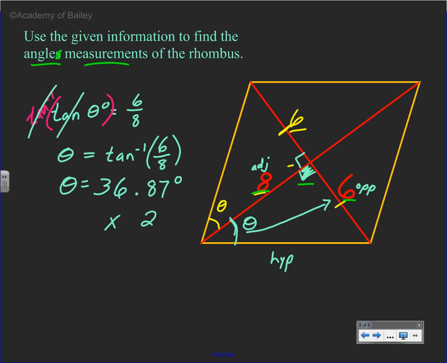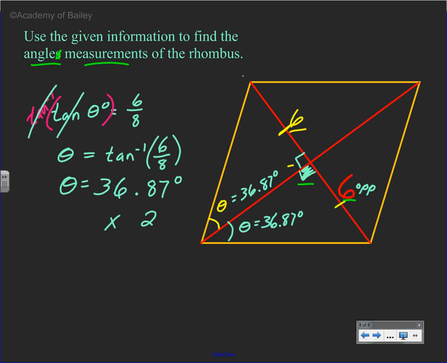Let me clear some of this out. Since theta is equal to 36.87 degrees, this theta is also equal to 36.87 degrees. And remember, they were corresponding parts of congruent triangles.